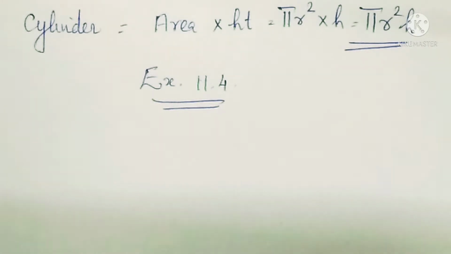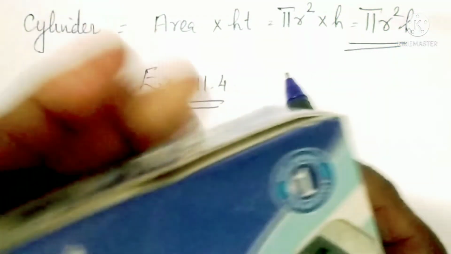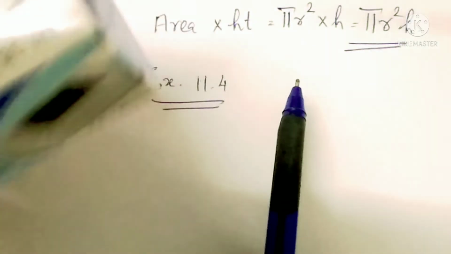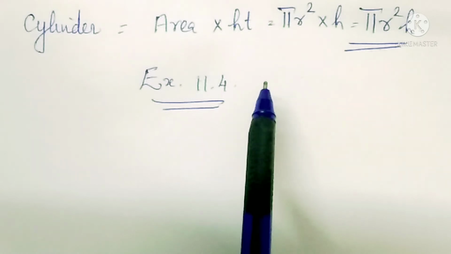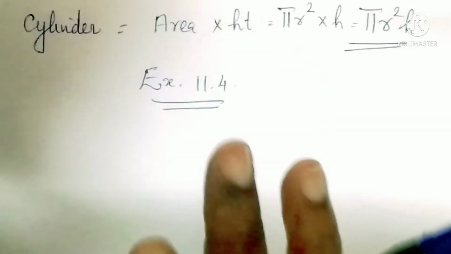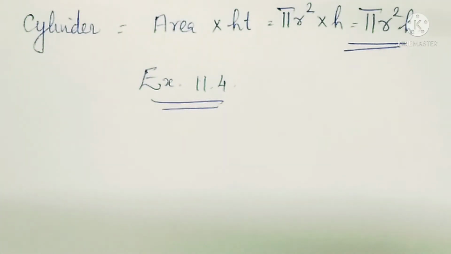Volume of this is actually how much material is needed to make it, or how much it can hold, it can contain, that is the volume or its capacity. So when you get situations, you should be able to identify when to find the volume and when to find the lateral surface area or total surface area.